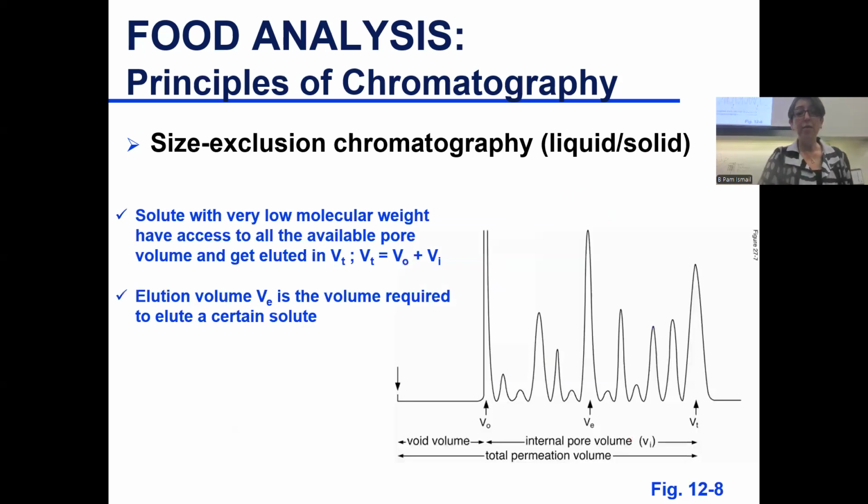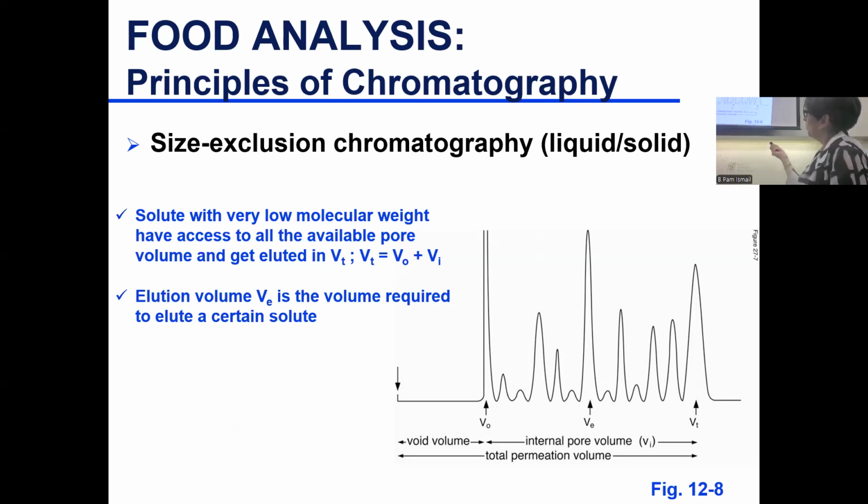Okay. And then what you do is, well, I introduced void volume, elution volume, total volume. One other thing I did not introduce is the internal pore volume, which is the total volume minus the void, which gives you all the internal pores, so the inside of the particles.